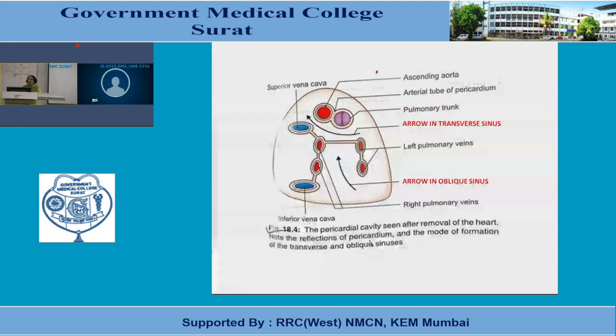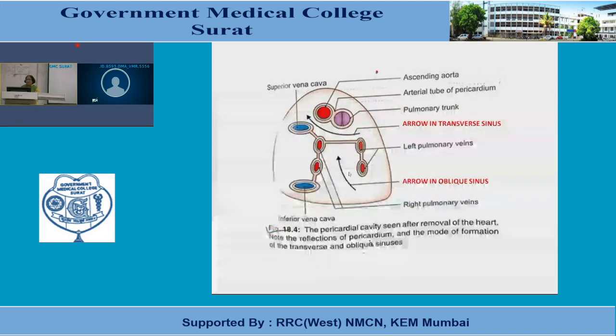As per the discussion, the inverted J is there. The short vertical limb is formed by the left pulmonary veins, and the long vertical limb of the inverted J is formed by the superior vena cava, the two right pulmonary veins and the inferior vena cava.